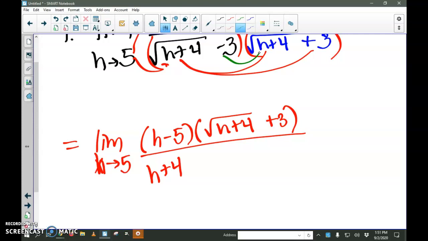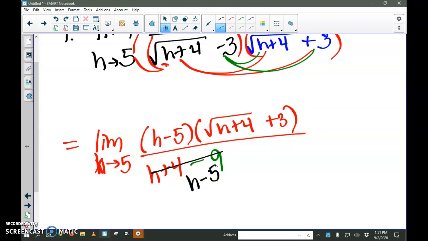Just like in the other problem, those two middle terms canceled. Negative 3 times 3 is a negative 9. Oh, hey, if I clean this up in the bottom, this h plus 4 minus 9, that's interesting. H plus 4 minus 9 is h minus 5.